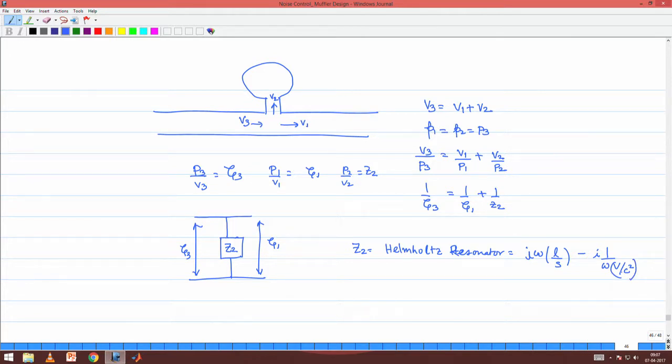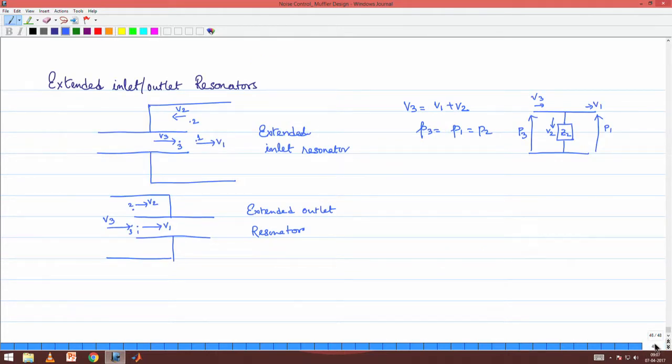That is the impedance associated with the Helmholtz resonator, which we had previously derived. Whereas, here we need to evaluate the impedance at this station 2.